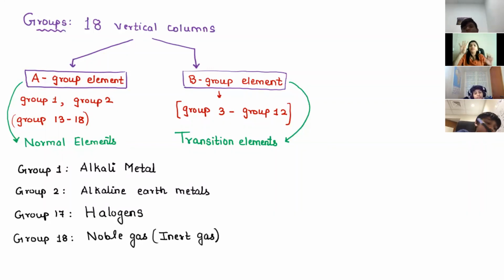So, 4 columns we have studied. First 2 and last 2. So we have given names to first 2 columns and last 2 columns. First, alkali metal. Second, alkaline earth metal. Second last column, halogens. And the last column as noble gas.